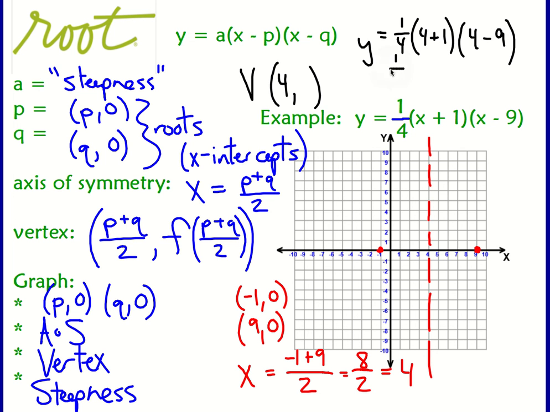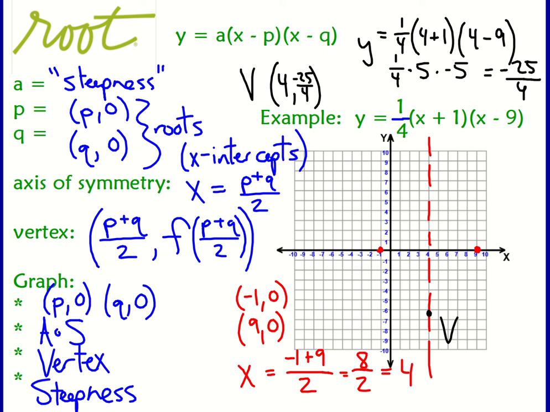So that would be 1/4 times 5 times negative 5, which would equal negative 25 fourths. We know that 24 divided by 4 is 6, so 25 divided by 4 would be 6 1/4 or 6.25. You can put that as an improper fraction, or if you want to put it as a decimal, you can. I'm just going to leave it as negative 25 fourths, but I know when I graph that, that's negative 6.25 for the vertex right there.